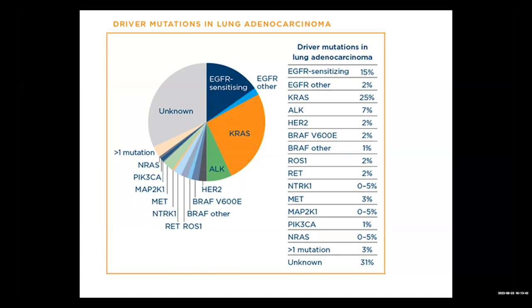We will also have the KRAS mutation, the ALK, and ALK stands for anaplastic lymphoma kinase mutation. And then we usually also run the ROS1. These are quite common. They have targets in terms of drugs to target those.